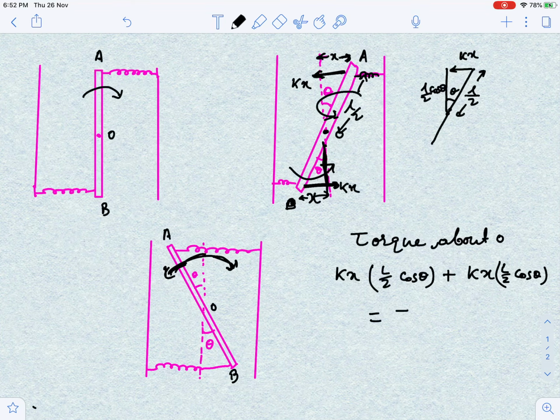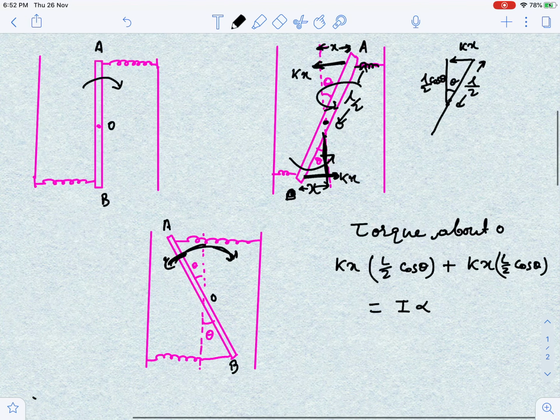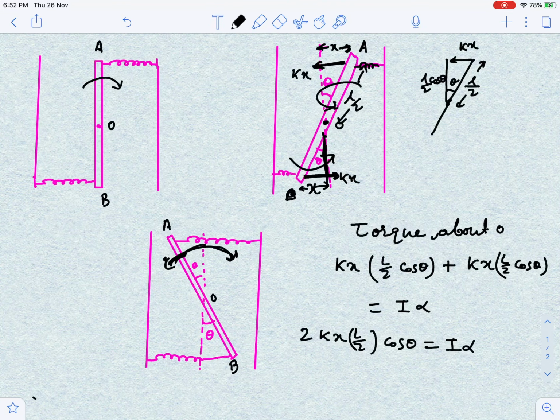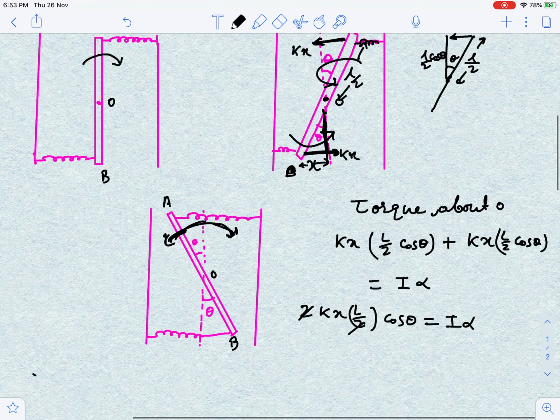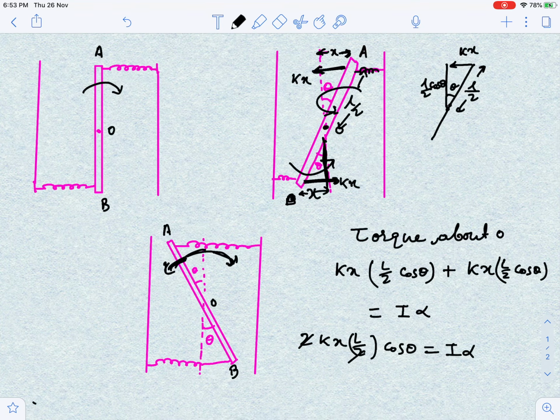This net torque is equal to I alpha, because net torque about any point O can be written as I into alpha. So this is 2kx into L by 2 cos theta equals I alpha. The 2 and 2 cancel. Now x is nothing but L by 2 sin theta, because this is L by 2 cos theta and this is L by 2 sin theta.